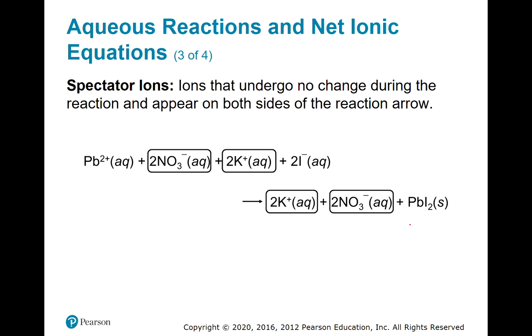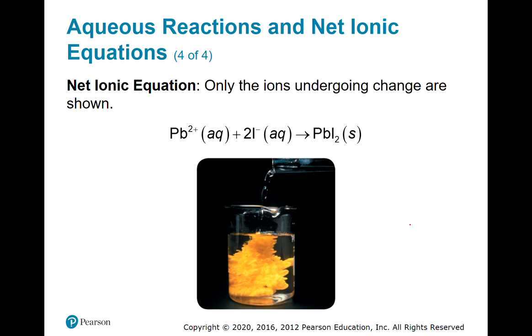So those ions change form because initially they were dissolved in solution, but now they've combined together to form a solid. But the potassium ions and nitrate ions are spectator ions. And so like an algebraic equation, if something shows up on both sides, we can essentially cancel it out. So if we remove the potassium and the nitrate ions from both the reactant and product side, since they didn't change, we end up with what's called a net ionic equation.